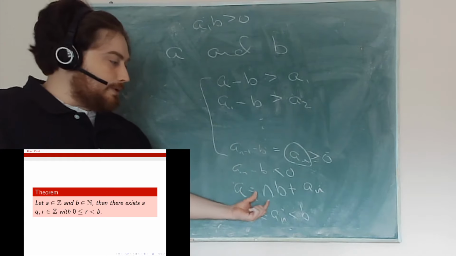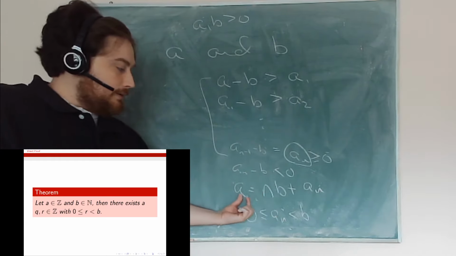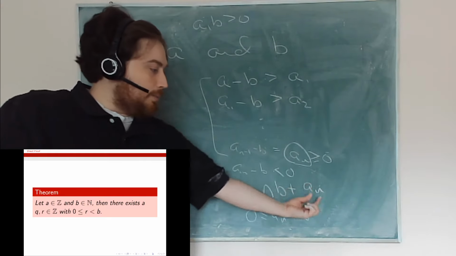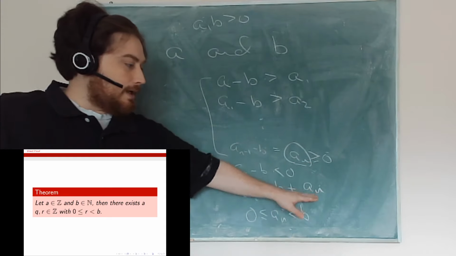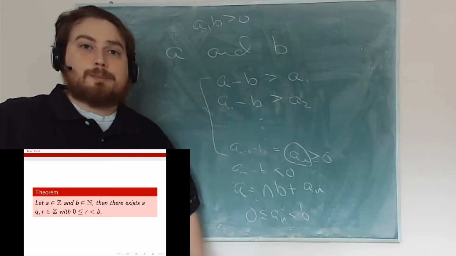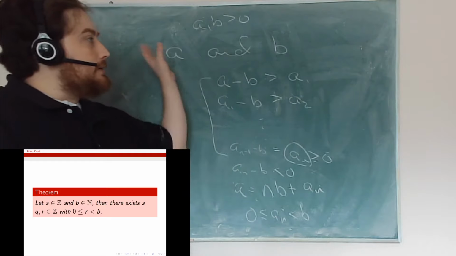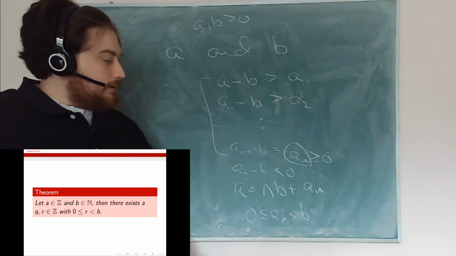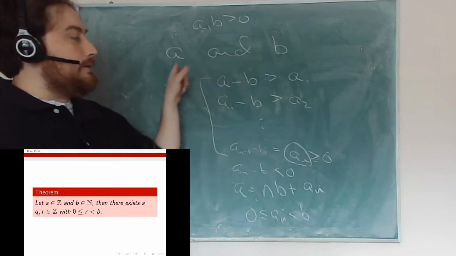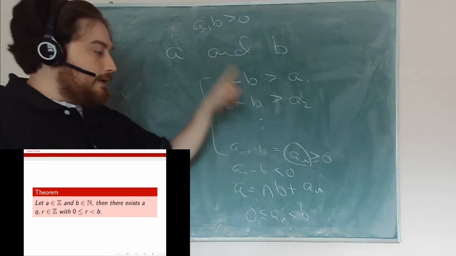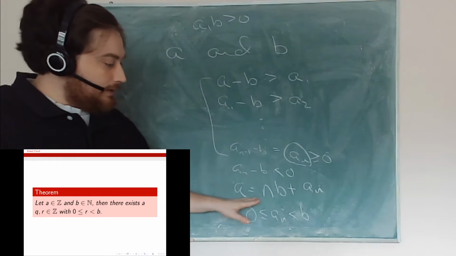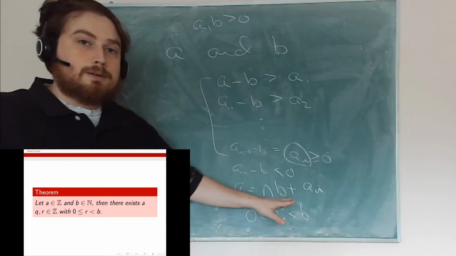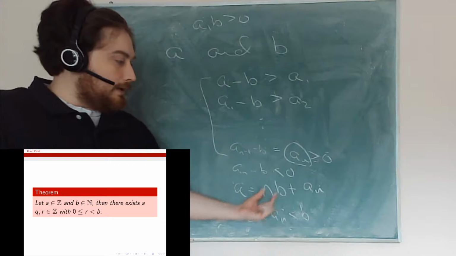The number of times I subtracted is n. And so a is n times b plus my remainder, a sub n, which I know is between 0 and b. Notice that b will divide a if and only if this remainder is 0. Because if the remainder is 0, then a is an integer times b. If it's not 0, then we can't have that.